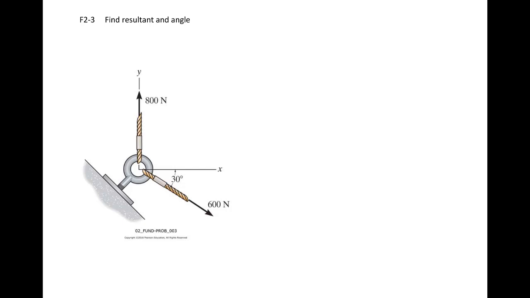For example, we can see that they're drawn about the same length, but the 800 is obviously bigger than the 600, so I'm going to redraw this force going this way, so that this is now the magnitude of my 800 Newton force drawn like that. And then we're going to draw parallel lines from those forces and find out where they intersect to find out where the resultant would be. So let's go ahead and draw those parallel lines.